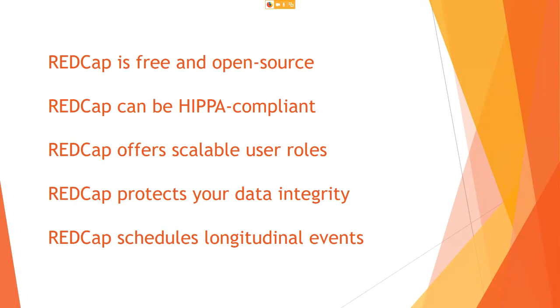It's also related to the next thing, scalable user roles. Basically, you can decide that anybody who works on your survey or project can access exactly what you want them to access. So you could have data entry people that aren't able to mess with the rest of the project. You can have people that aren't allowed to see this personal data, in order to be HIPAA compliant.